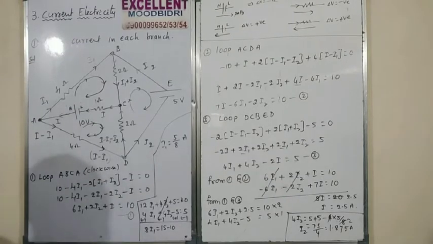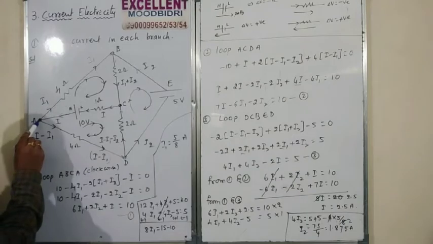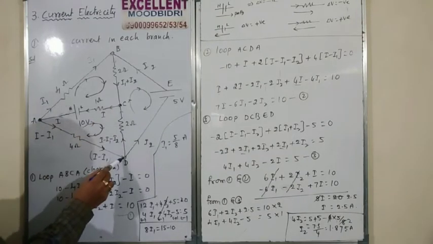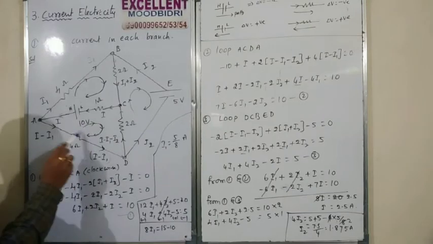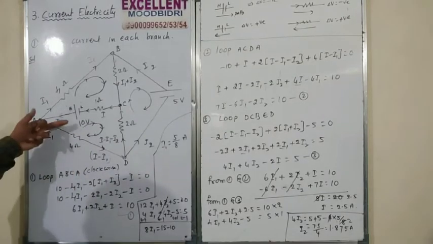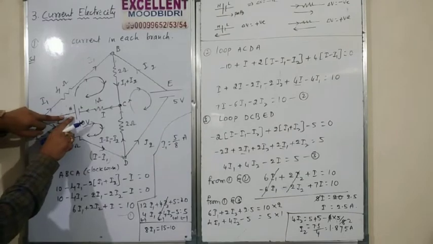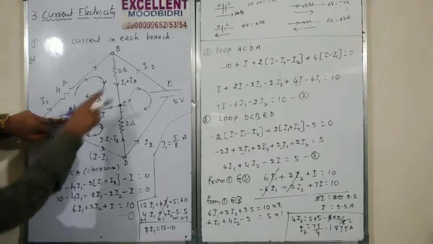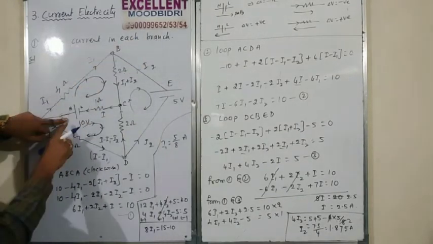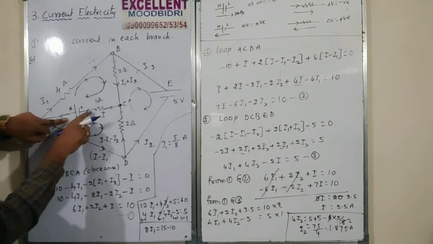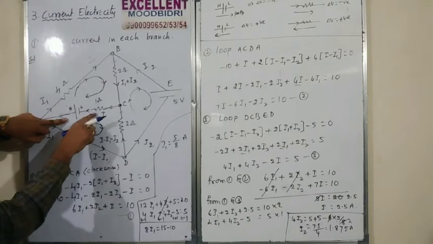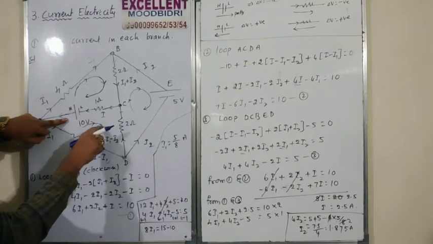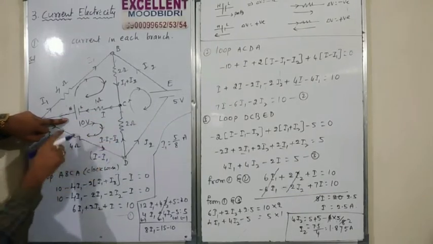Okay, next loop 2, loop ACDA. I took it like that only. Now observe, this is the higher, this is the lower. Higher to lower is negative, so minus 10. Current direction and my path direction are opposite, so plus. Again opposite, plus. Here also opposite, plus.